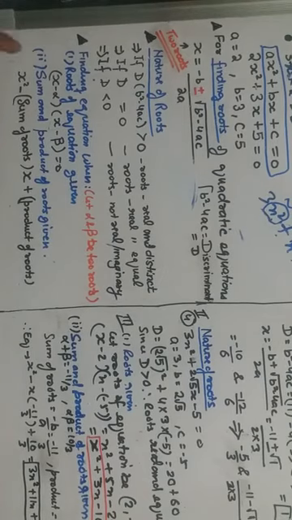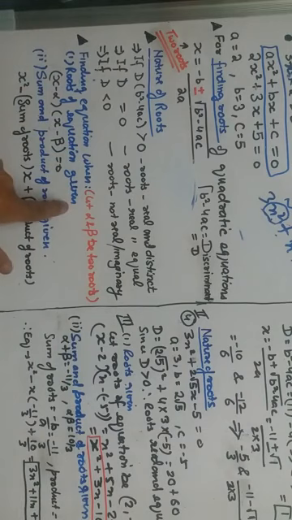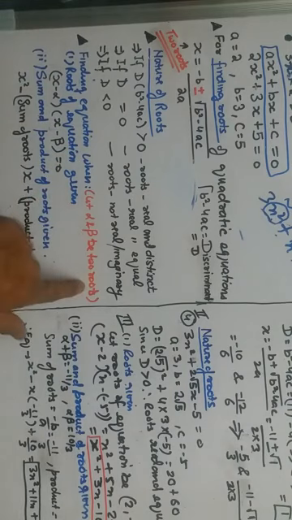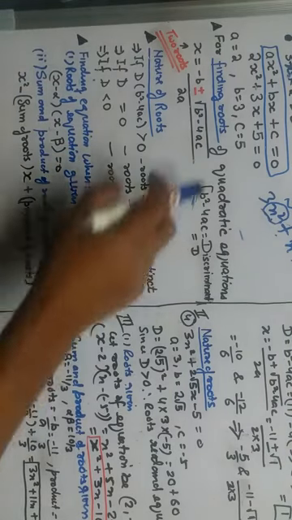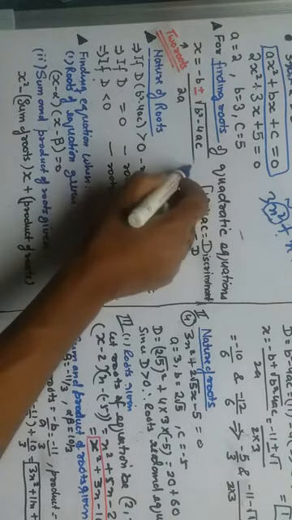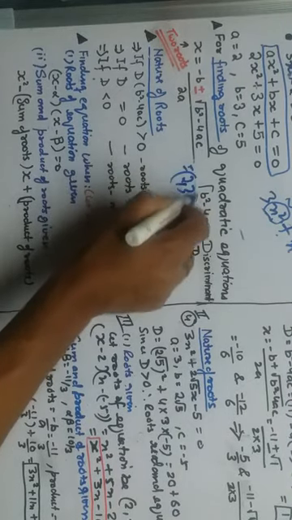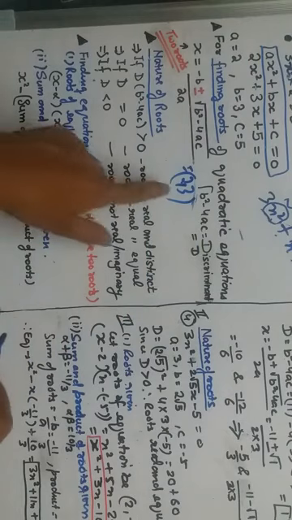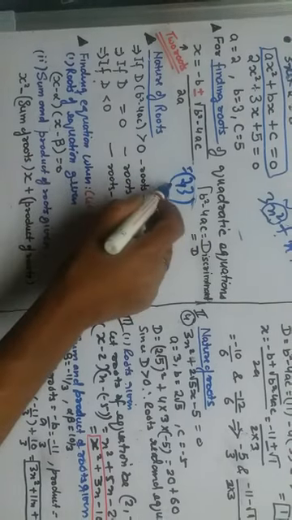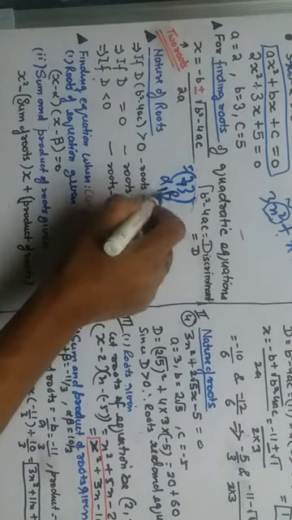Third case, finding the equation when we have two roots. Suppose it is asked, find the equation when two roots of the equation are given to you. Let alpha and beta be the two roots. Like from this formula we find the two roots, 2 and 3. Now how to find the equation?